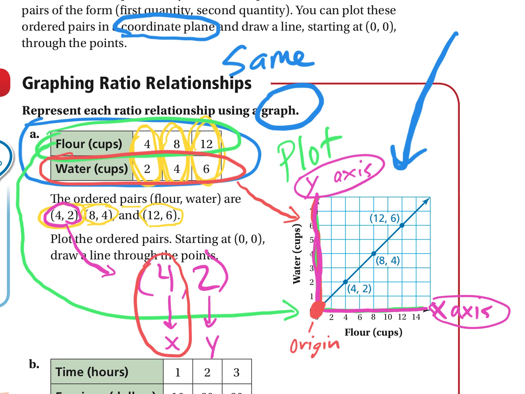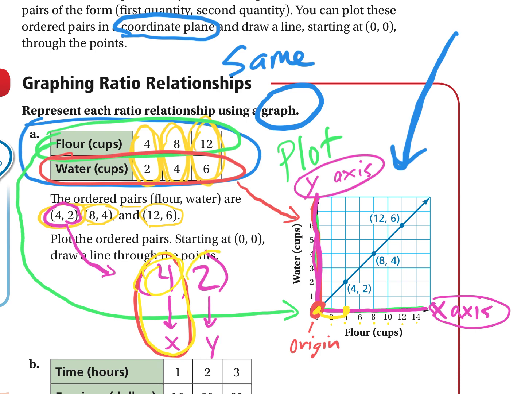Then I look at my ordered pair, and it tells me how many points to move on my x-axis. According to the way it's numbered, 2, 4, 6, 8, 10, 12, 14, I will move to the 4th spot here because it's the number 4.